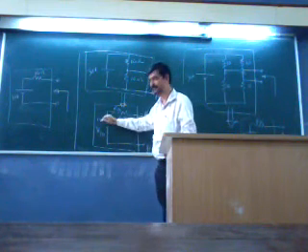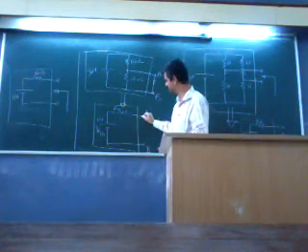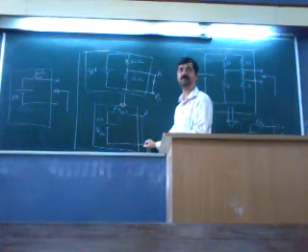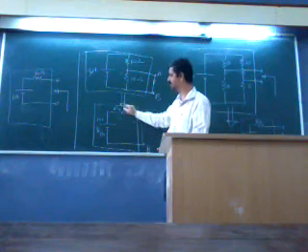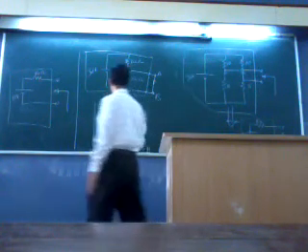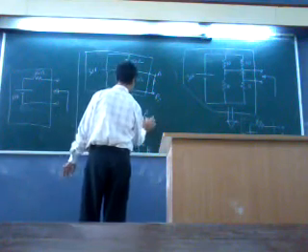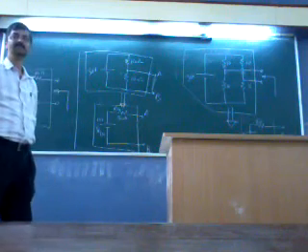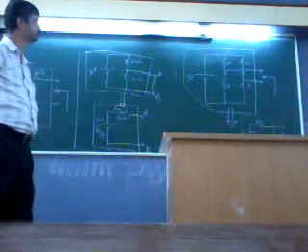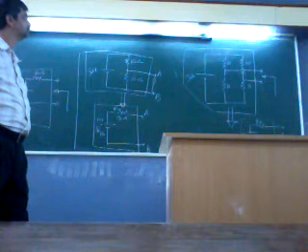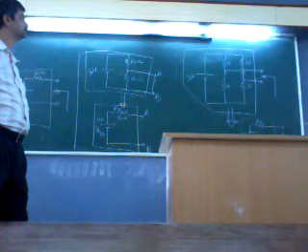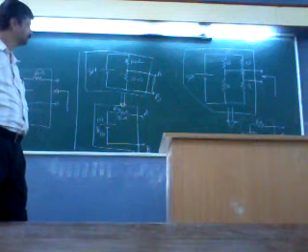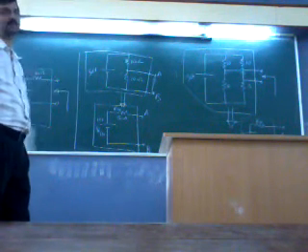So we have found this to be 15. This is not yet found. With the short, for this to be 3 amperes, what must this be? 5 ohms. And that's all. Is it clear? So this is the equivalent circuit, Thevenin's equivalent circuit.